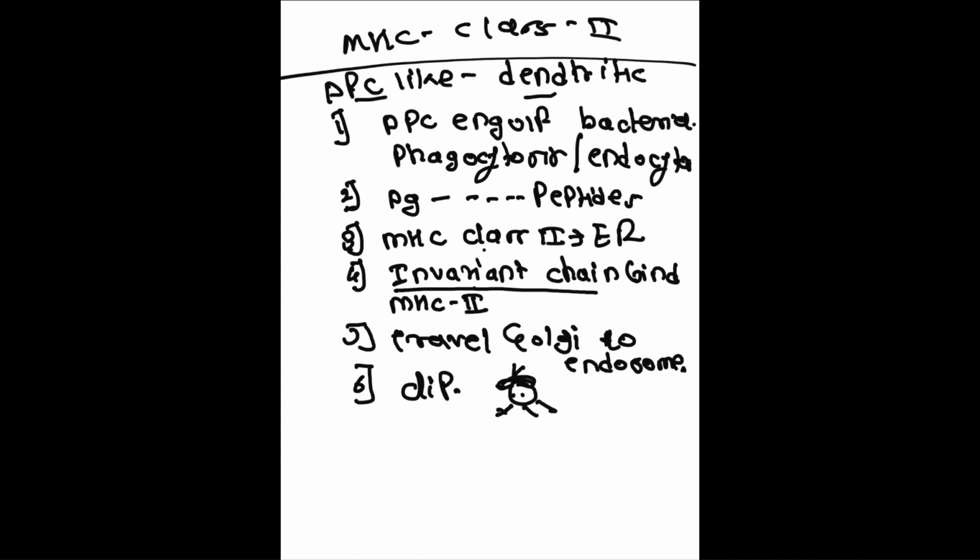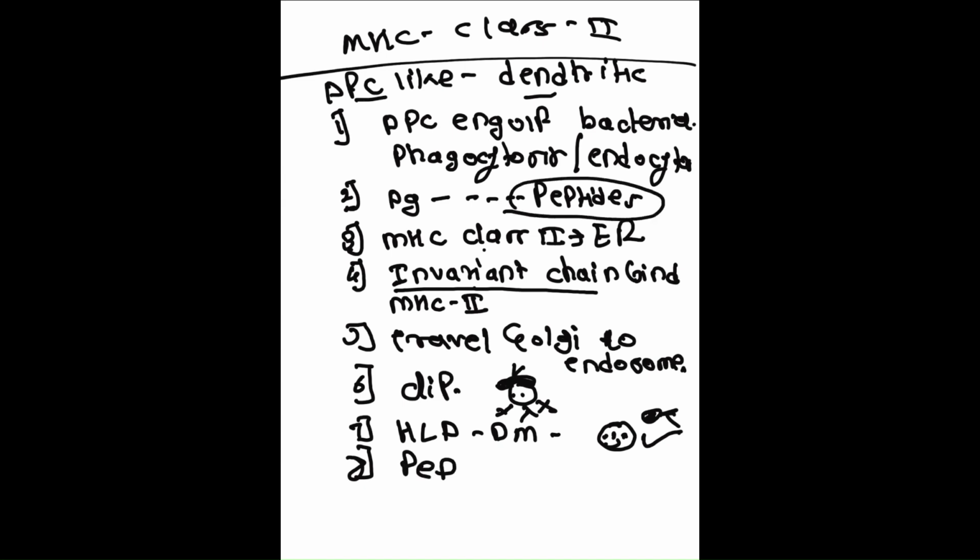So the chain gets broken, and now the CLIP also blocks the binding of peptides. Then there is HLA-DM, a helper protein, which helps to remove that CLIP.